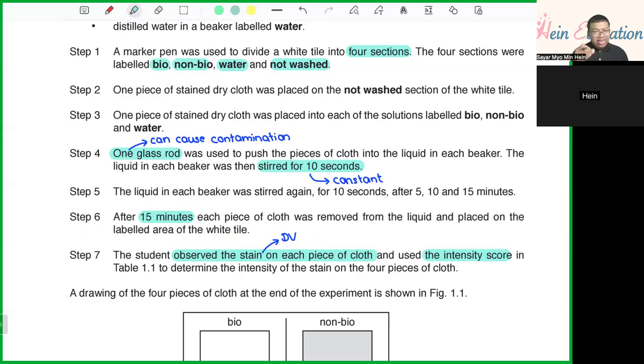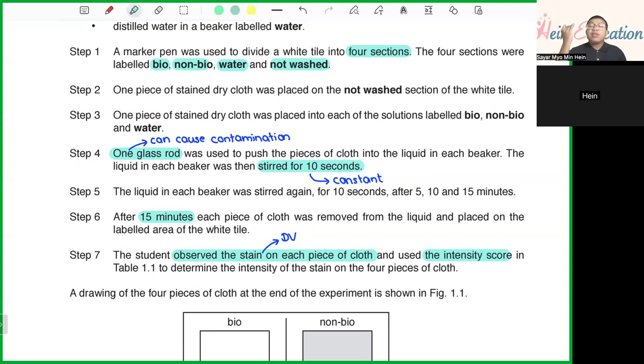And step number 7, again, the student observes. So whenever a student or an experimenter observes the result, it could lead to a subjective error. I don't want to say error, but it's more like subjective, because I may have different eyesight from other people, right? What I mean is that I may see one color as blue, but another student or other people may see that, oh, it's light blue, or some people might say it's sky blue.